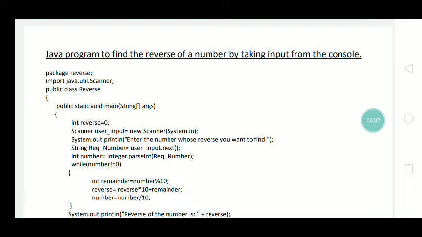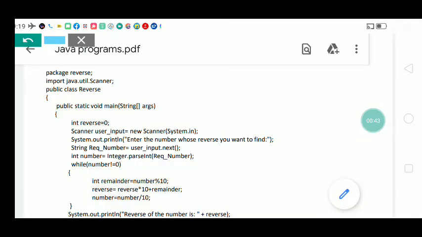So here I have initialized a variable, that is reverse. Reverse equal to 0, where the variable reverse is of integer type. Next, I have created an object named userInput.